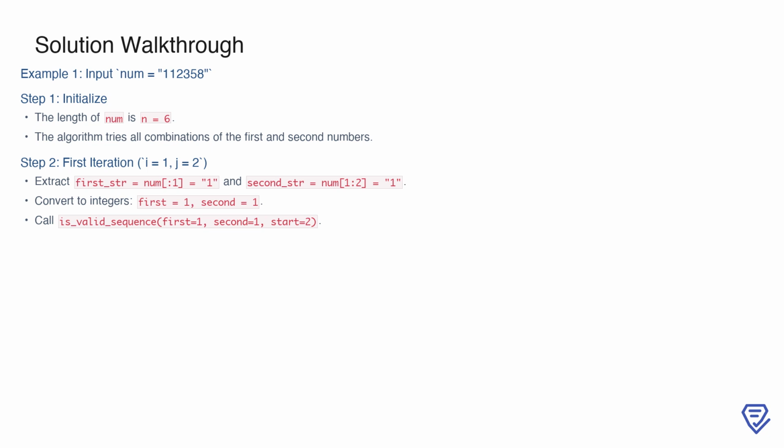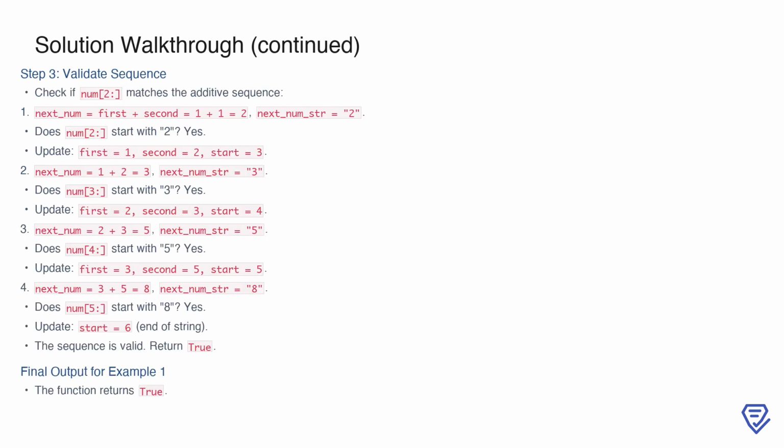From this, we extract first_str equals 1 and second_str equals 1. These are then converted to integers as first equals 1 and second equals 1. Now, we call the helper function is_valid_sequence with these values and a starting index of 2 to validate whether this forms a valid additive sequence.